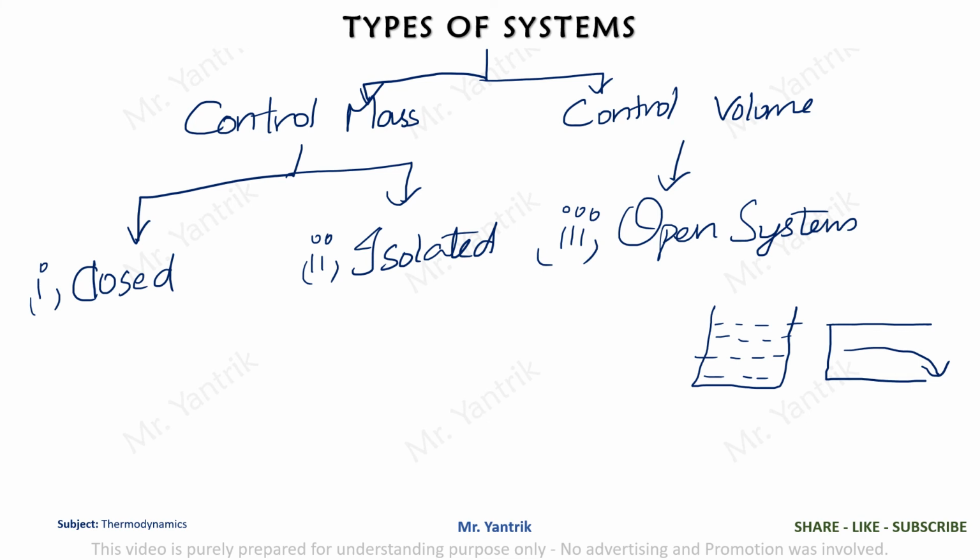Whereas if we take the same beaker which is completely filled with water, but completely capped, this can be called a closed system. The boundary of the system is not insulated.